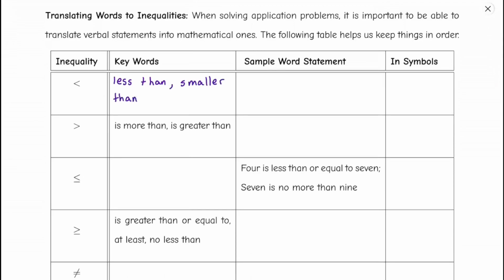A sample word statement would be 3 is smaller than 5.